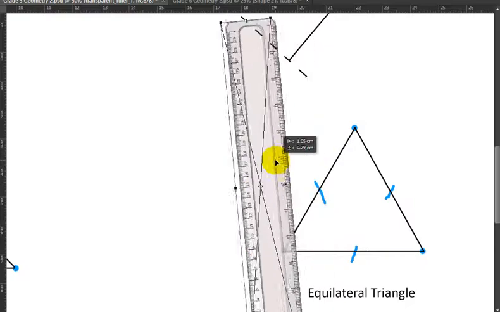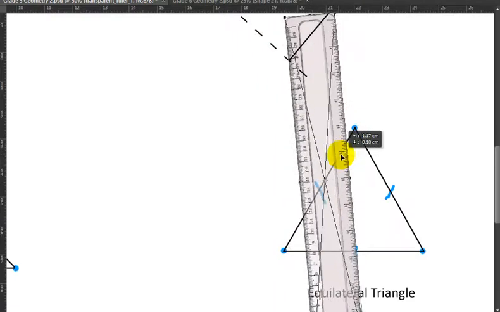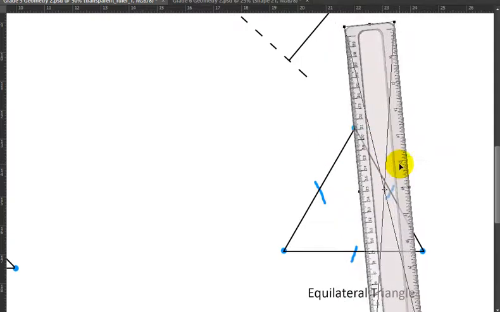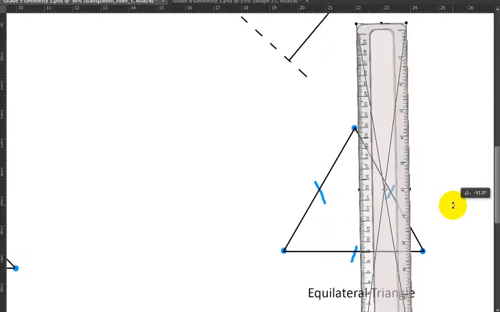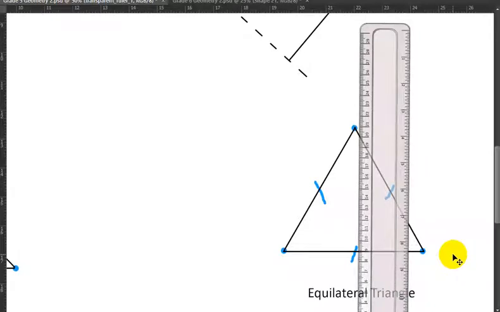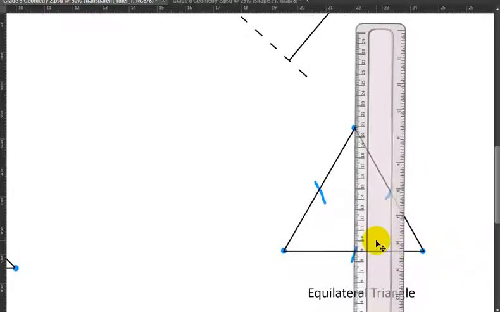I don't need to project any of the lines here. I want to make it perpendicular to the bottom side, since that's the one that's not touching this point. There we go. And then I'm going to draw the line from this top point right here. And that's the first height.